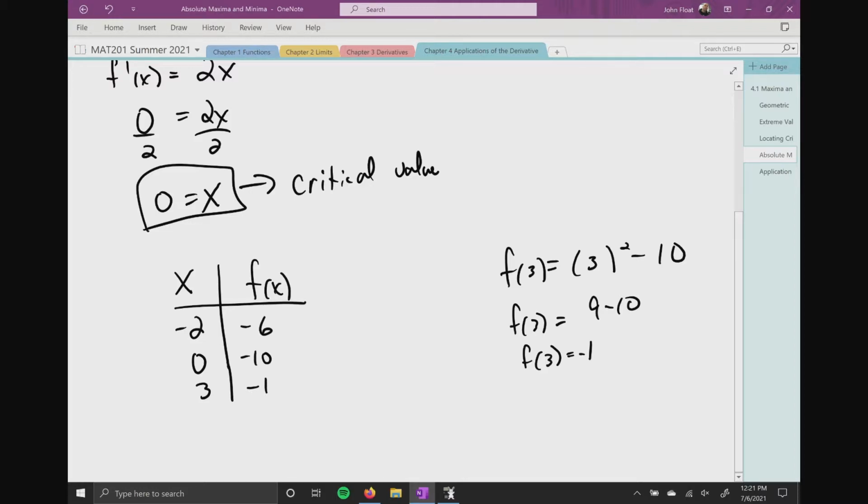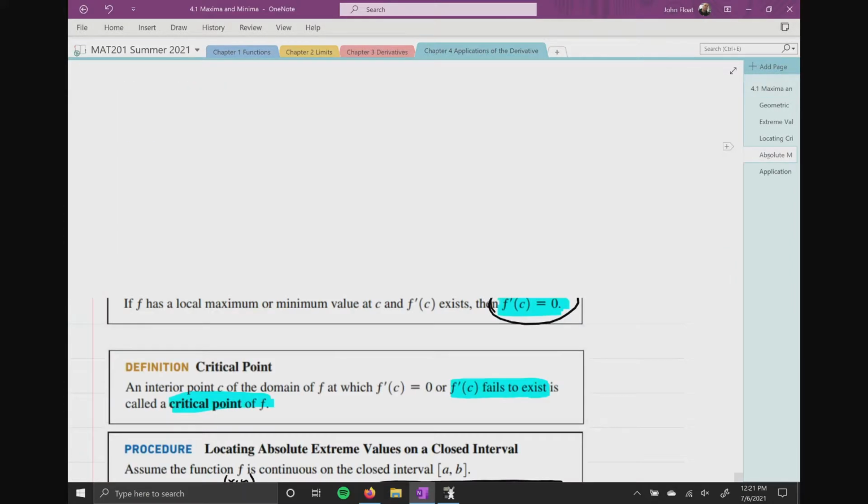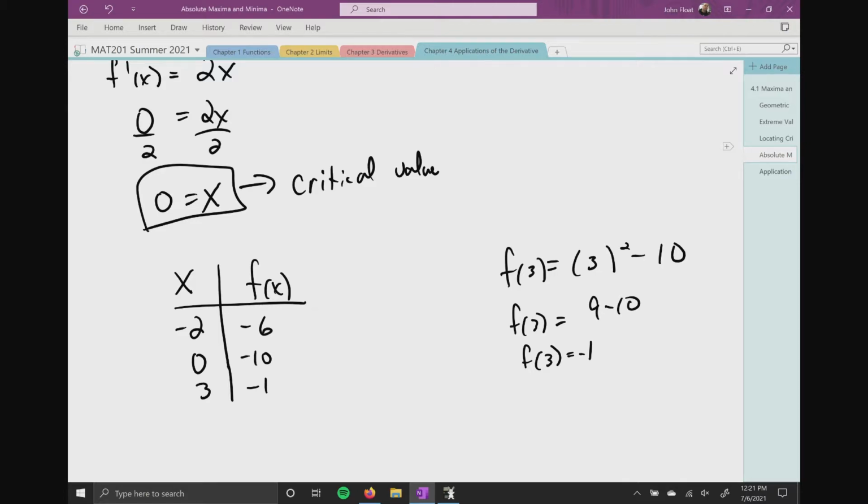Sorry about that. If we go back to the notes just one more time, we're going to choose the largest and smallest values of f from step 2 for the absolute max and the absolute min, respectively. So my largest value is going to be -1.